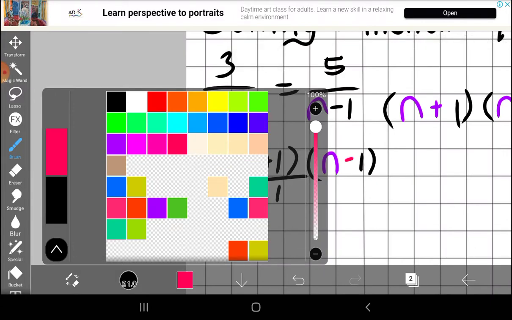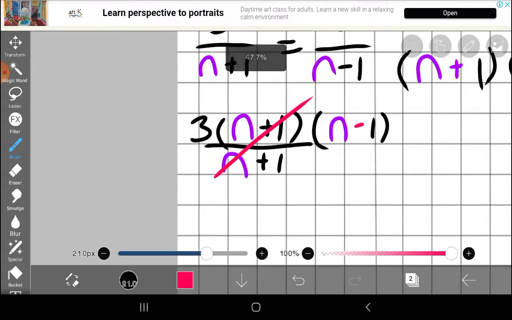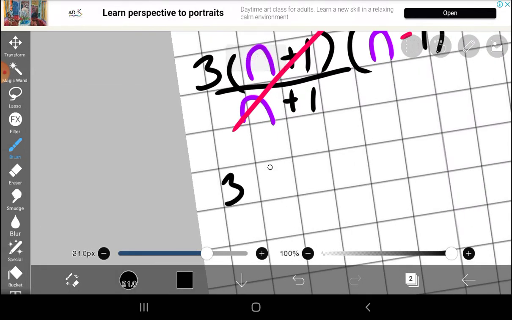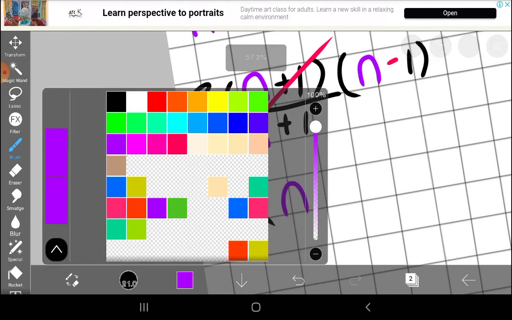As you can see, we will cancel out these because they are the same. So the answer for the first is 3 times n negative 1.